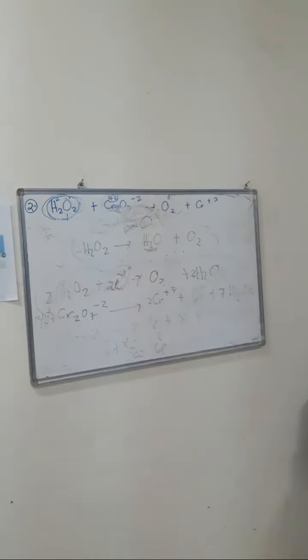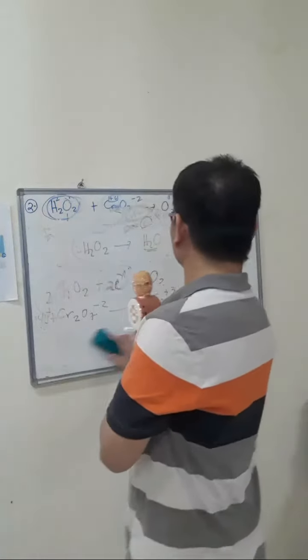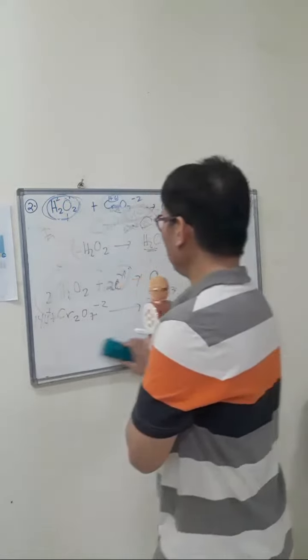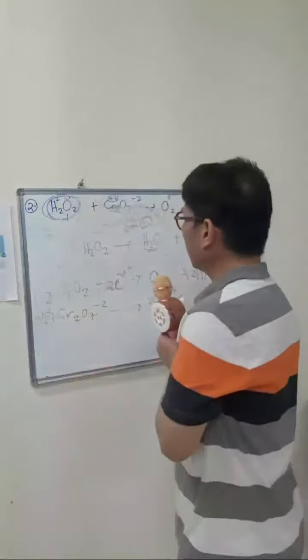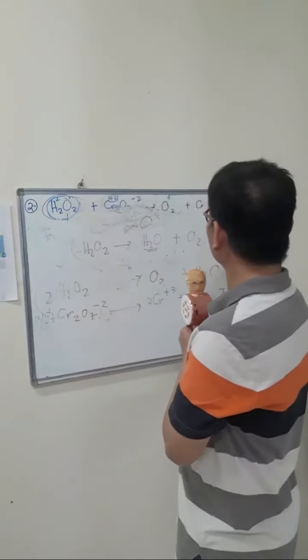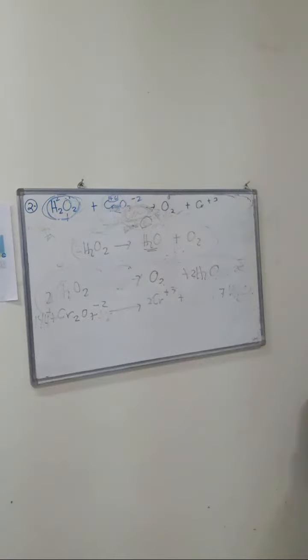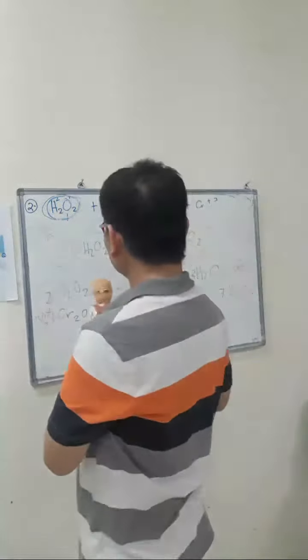A decrease in oxidation number means gain of electrons. Now here, 6 electrons.